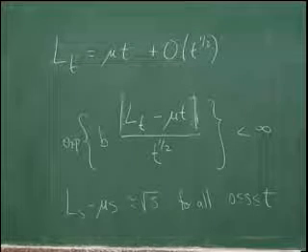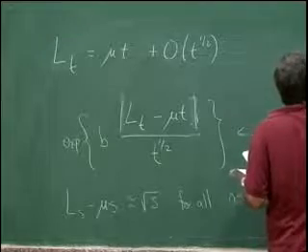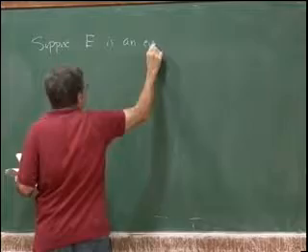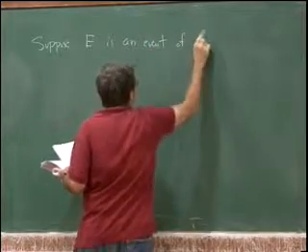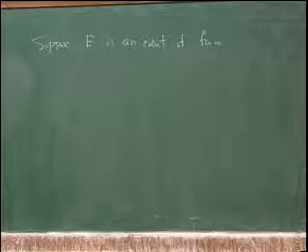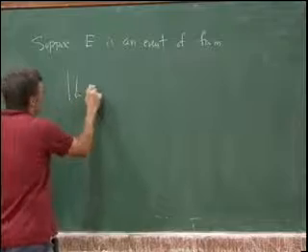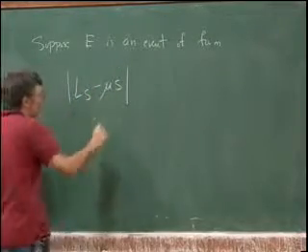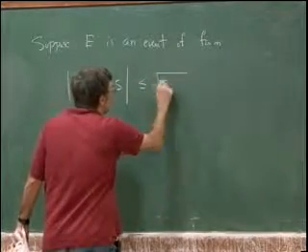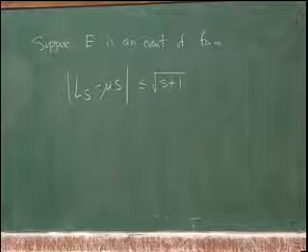So the kind of event we're going to need, suppose E is an event of the form, okay, I'll put the s plus 1 in there. I'm not finished yet.